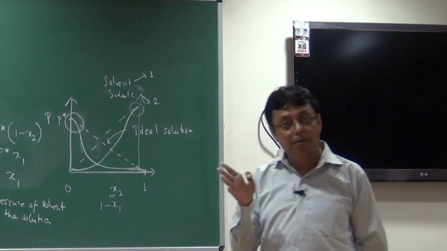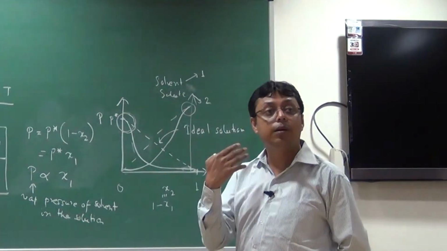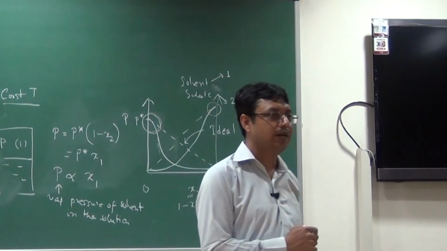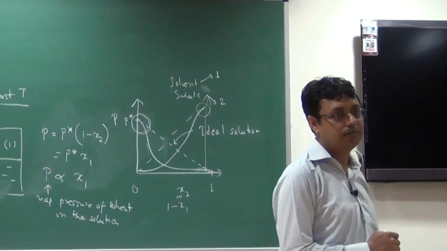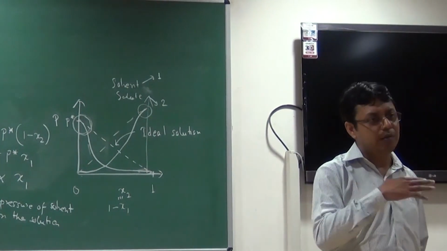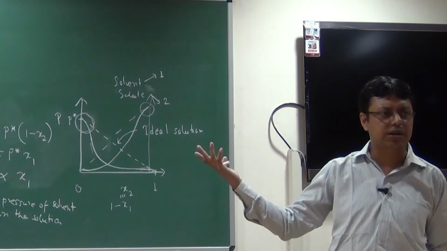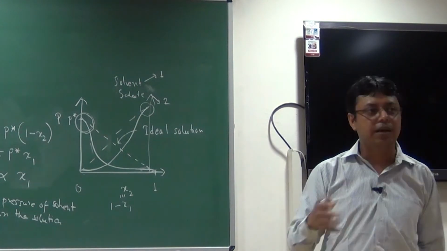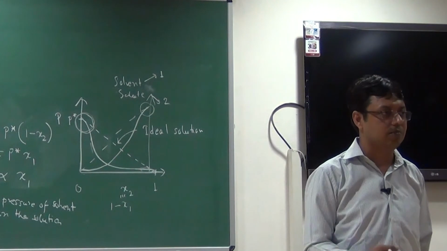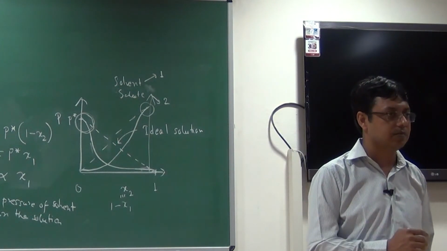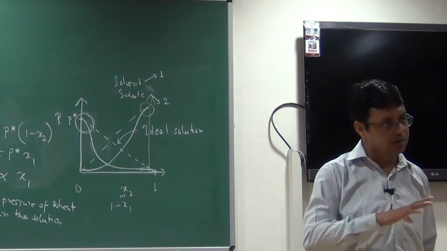The vapor pressure will not be equal to the vapor pressure of the solvent, but it will be the partial pressure of the solvent, because the solute is also involved. Clear? And then we have to think about it. It's a similar thing, but x2 will also come in, because you have to write it as a partial pressure and the total pressure. Clear? Okay, so we'll see that thing.